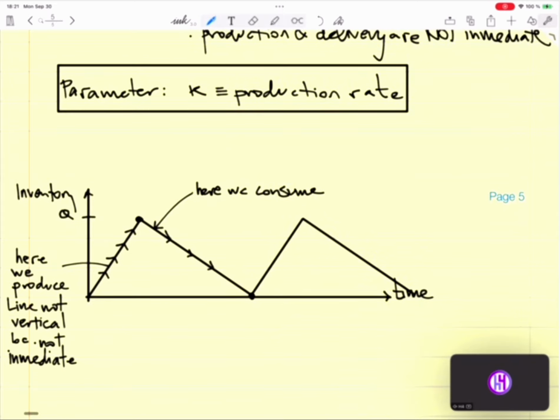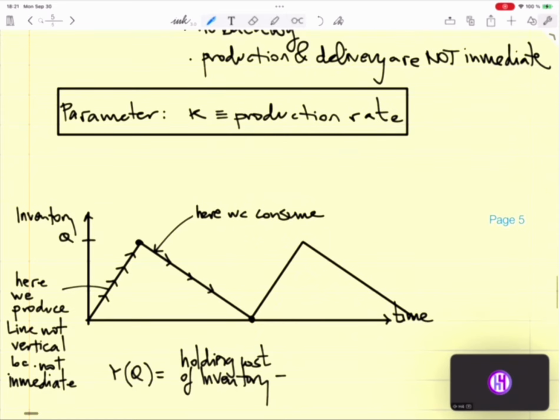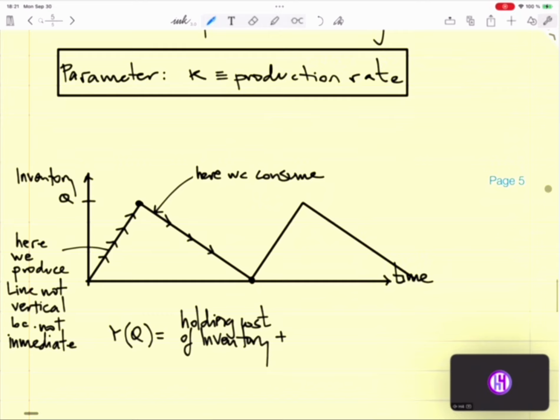So the production cost, or the cost function, is going to be the holding cost of inventory plus setup cost, it's always the same logic, plus, remember we have no backlog, that's why we don't have the backlog cost here.